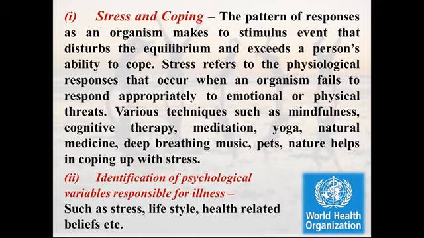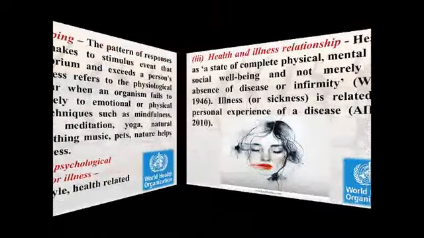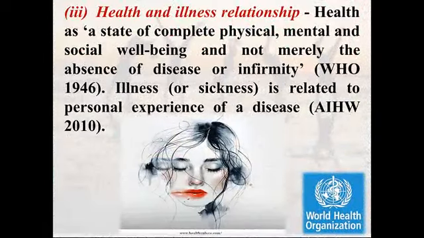Your health related beliefs: what is your belief system, how you believe, how you behave, and what is your response pattern to a particular stimulus or event. Your interpersonal relations. These all come under the scope of health psychology, under the second point, identification of psychological variables responsible for illness.